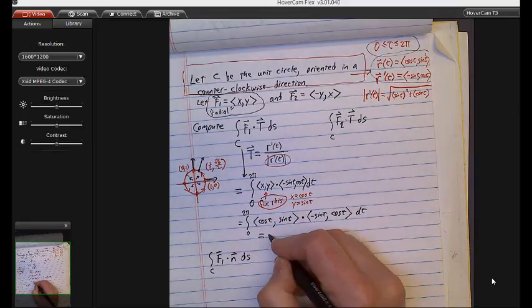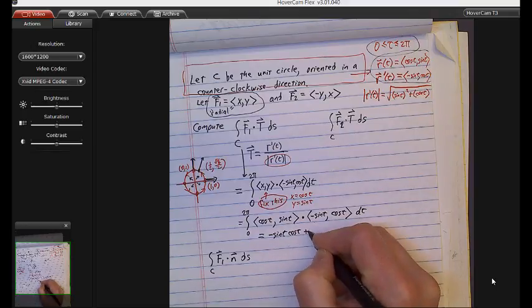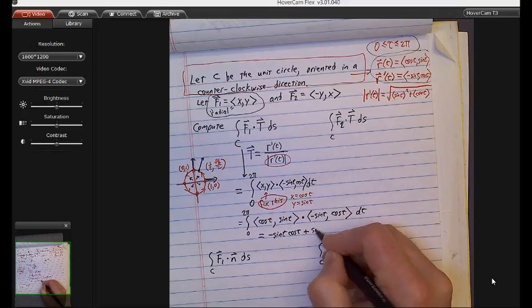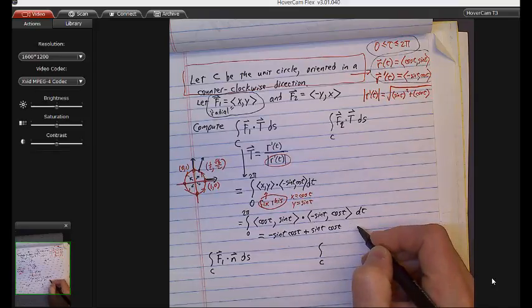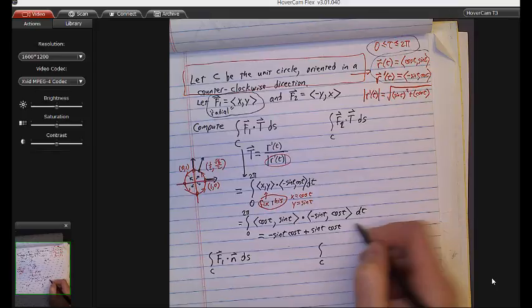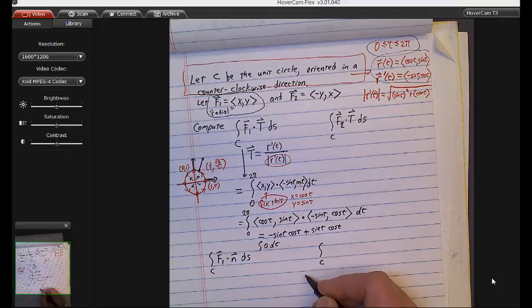We get negative sine t cosine t plus sine t cosine t. What's that equal? 0. So we're integrating 0 dt. Right? So we get 0.